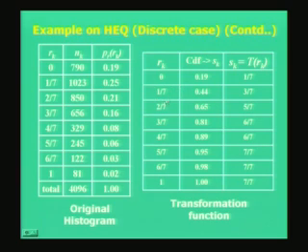How many of these are there? 790 pixels with gray level value 0 will be transformed to 1 by 7. 1023 pixels of gray level value 1 by 7 will be transformed to 3 by 7. 850 pixels with gray level value 2 by 7 will be transformed to 5 by 7. 656 pixels with gray level value 3 by 7 will be transformed to 6 by 7. 329 pixels with gray level value 4 by 7 will be transformed to 6 by 7, and so on. That is how it is done. That is the transformation function, and that is what we use to equalize the image.